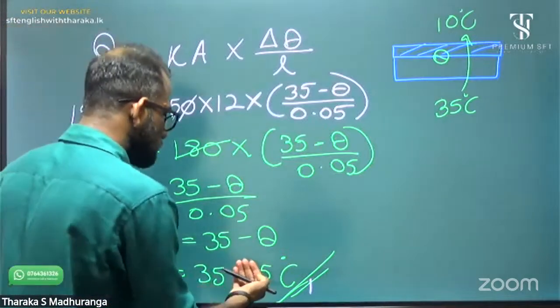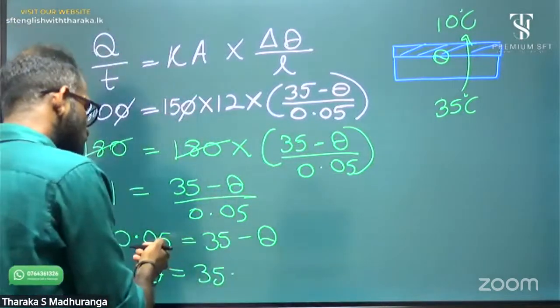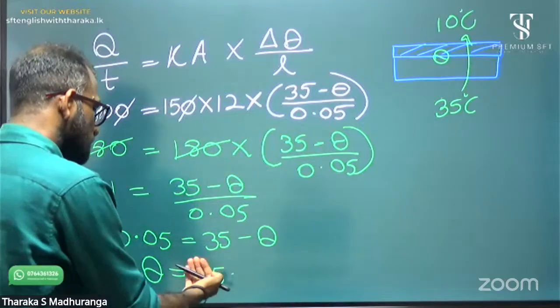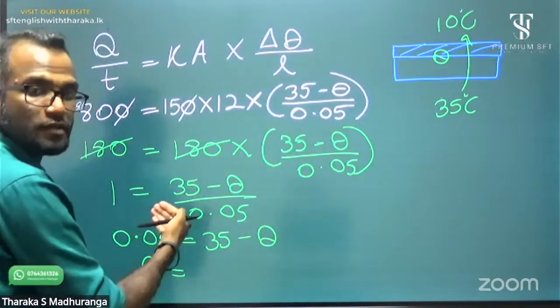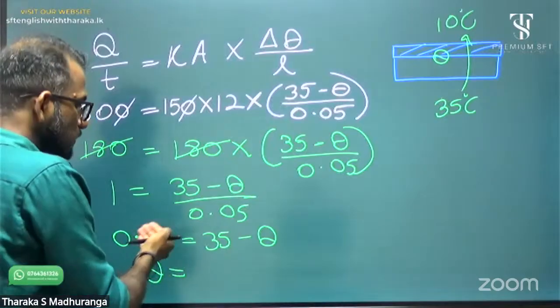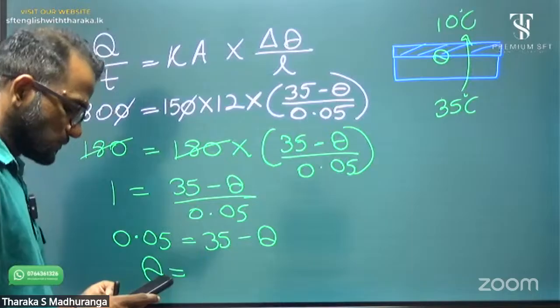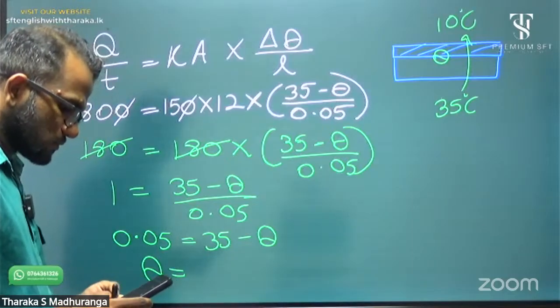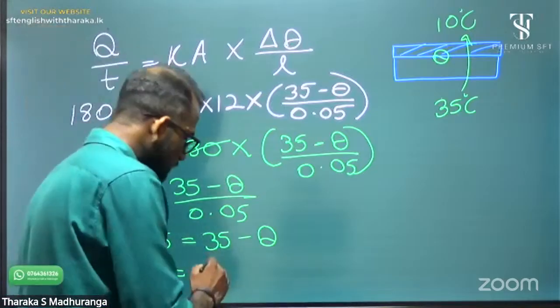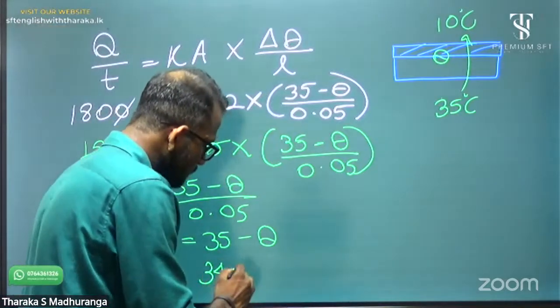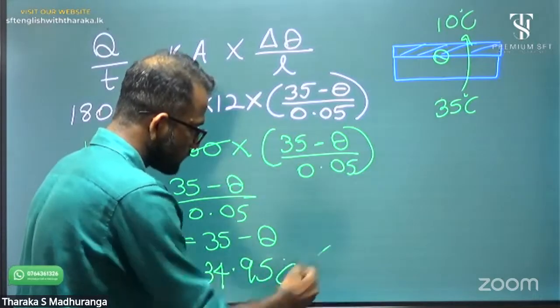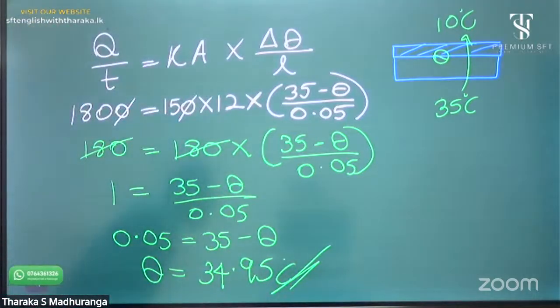Sorry, subtract, not adding, 0.05 minus, right? Theta goes to this side, it is 35 minus 0.05. So it is 34.95. Are you correct? 34.95 Celsius. Good.